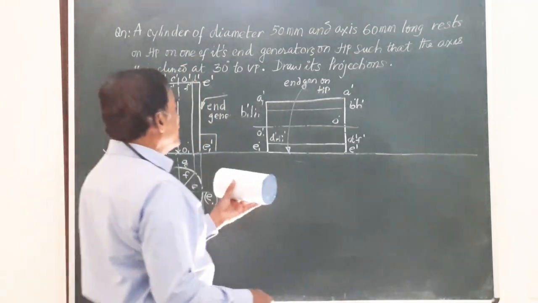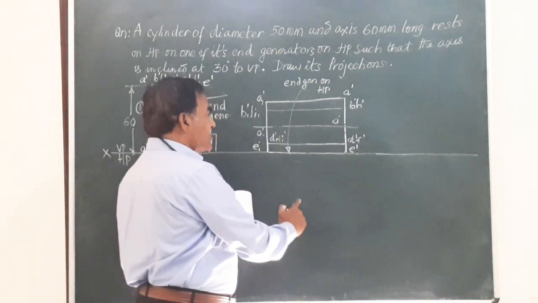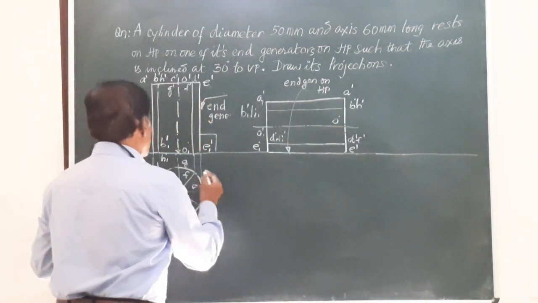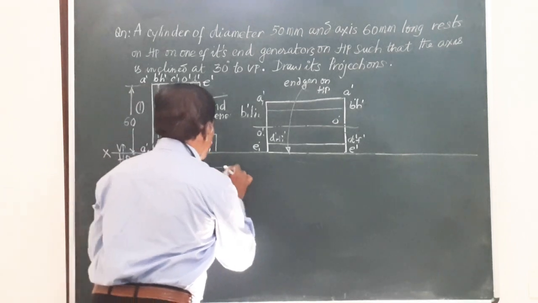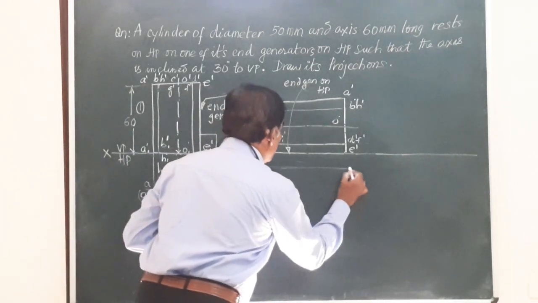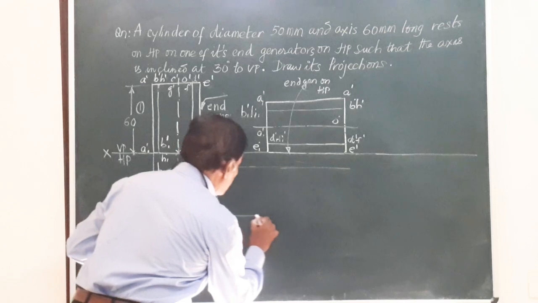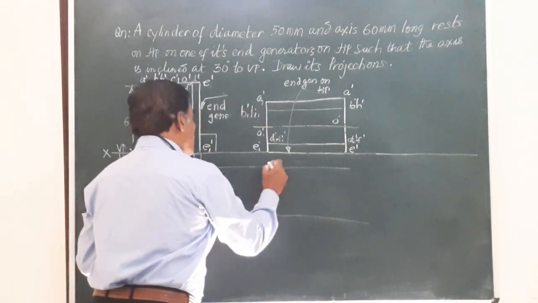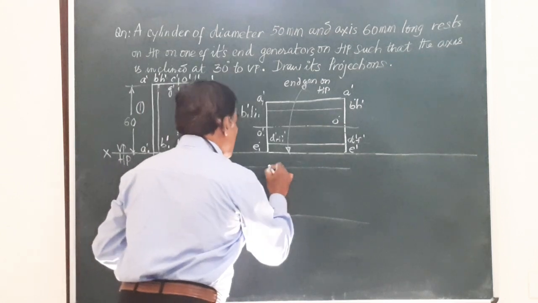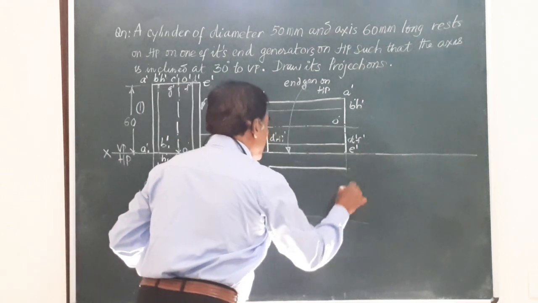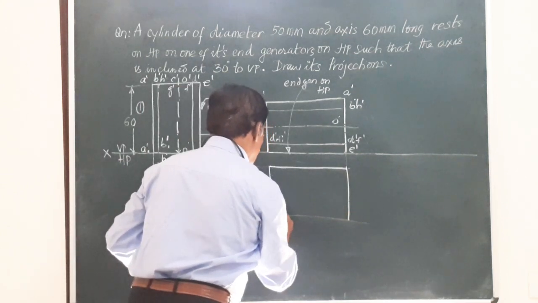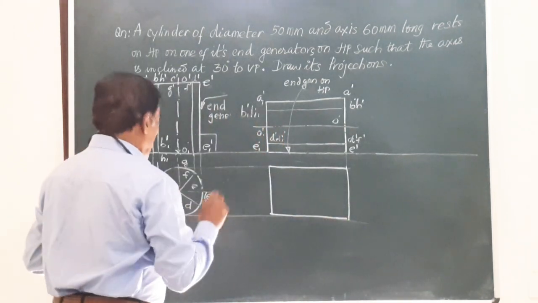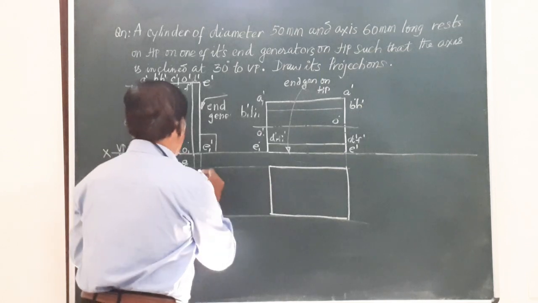So I am going to get an identical figure in the top view, similar to this in all respects. So I can simply project a line from here and a line from the extreme end and complete this top view. So it is going to be another rectangle. Only the border lines I am showing dark, because all other generators are imaginary and they don't exist in fact.